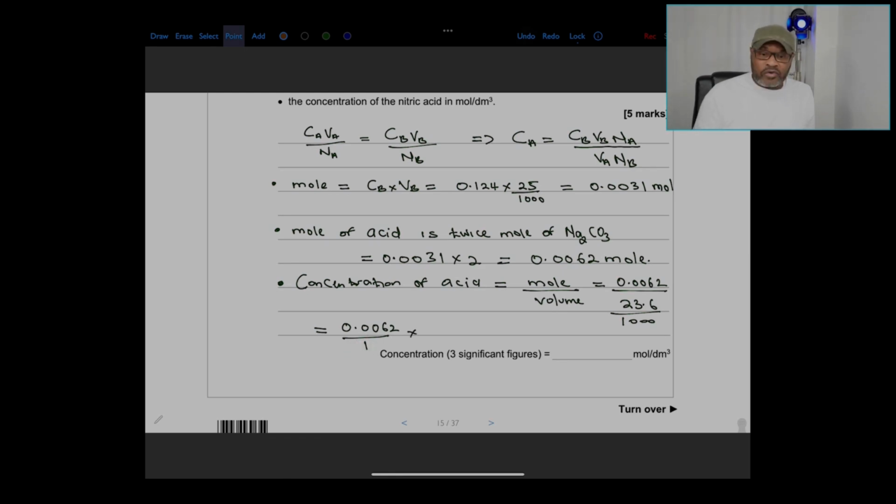We can rearrange that, and we get the concentration of acid to be 0.262622711, and to 3 significant figures it will be 0.263. So that will be the concentration of the acid.